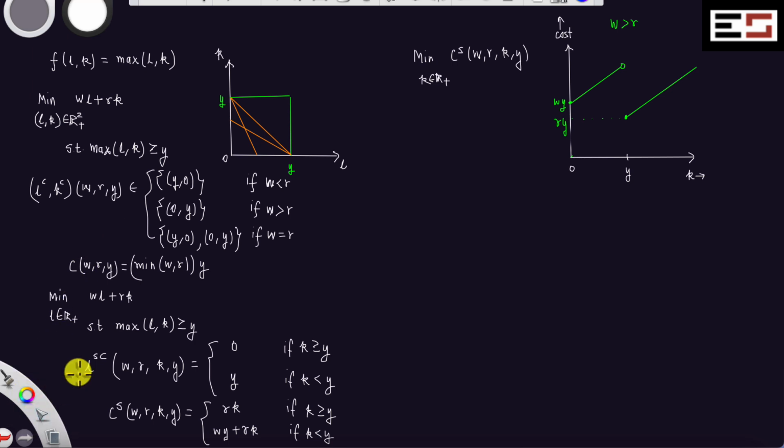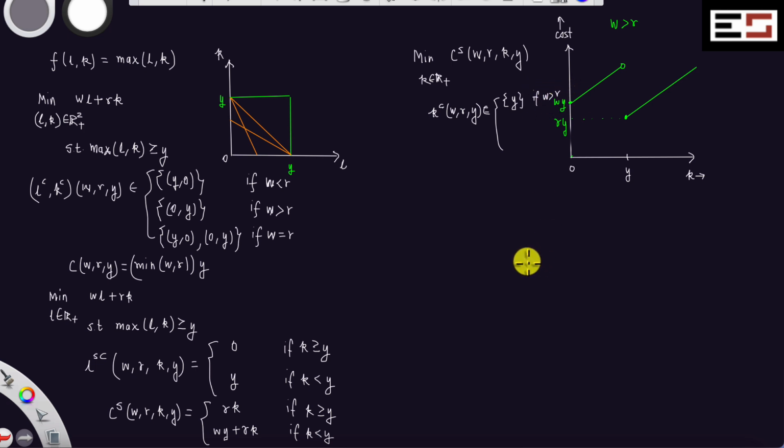So what we have is k^c(w, r, y) equals y if w is greater than r.